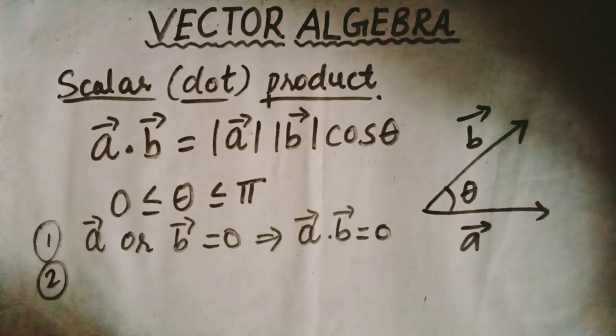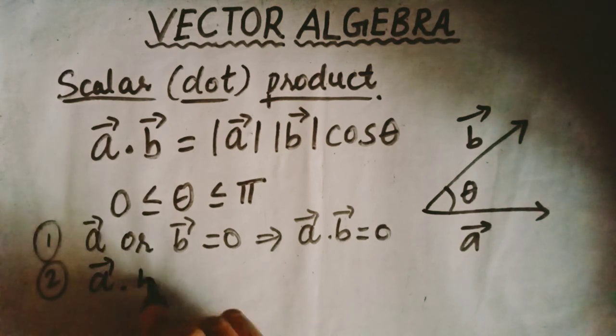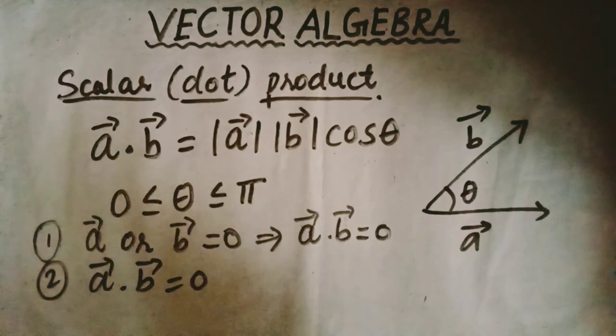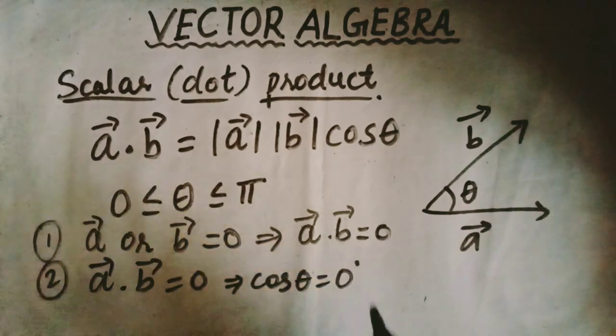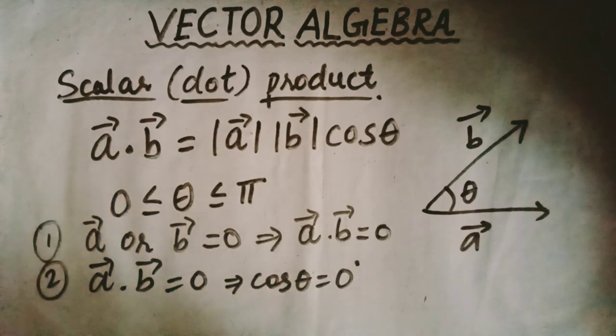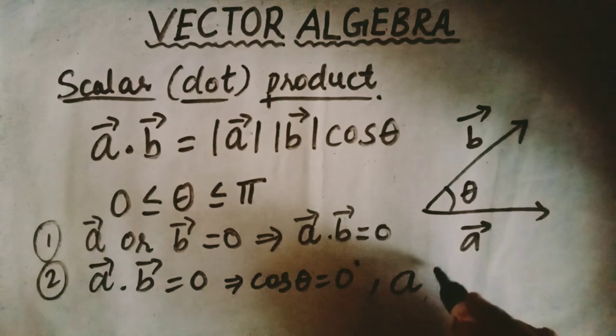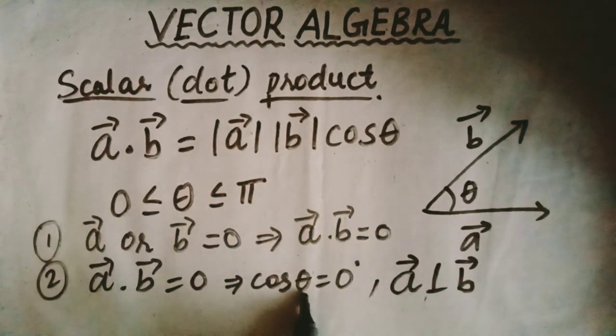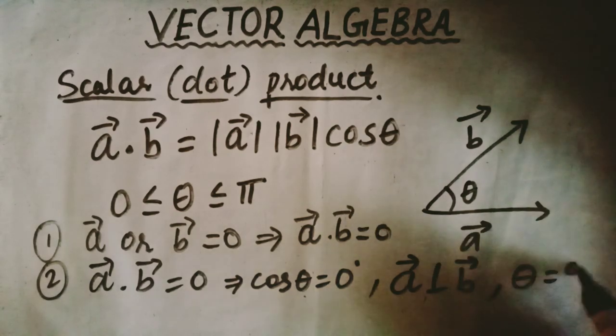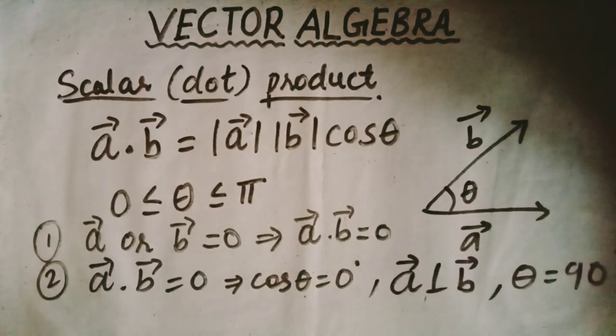So A dot B is 0 when cos theta is 0, and when cos theta is 0, A is perpendicular to B, that is, theta is 90 degrees. So when A is perpendicular to B, our dot product is 0.